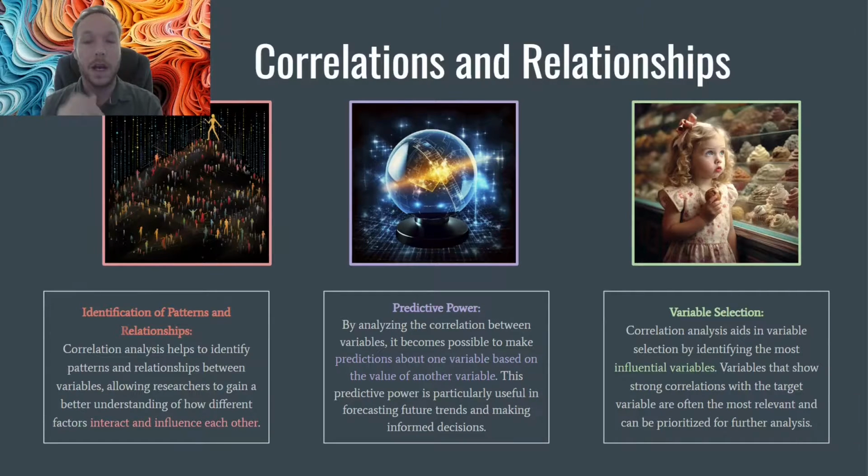Another really important thing that bivariate analysis can help us with is variable selection. In this modern day and age, we often have so many features in our data set, so many different columns to choose from. Truthfully, most of them will not be as valuable for our specific problem as we would hope.